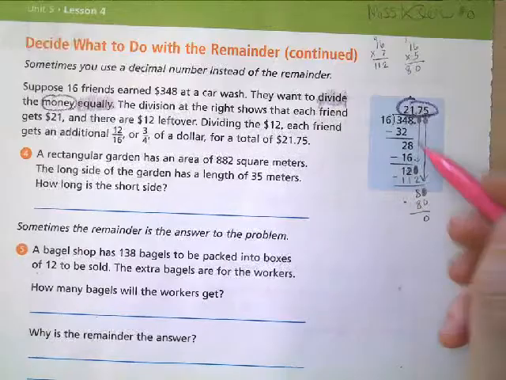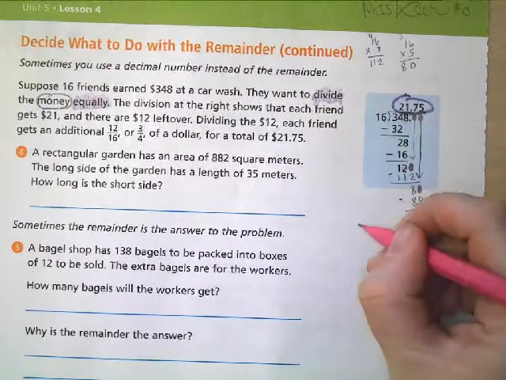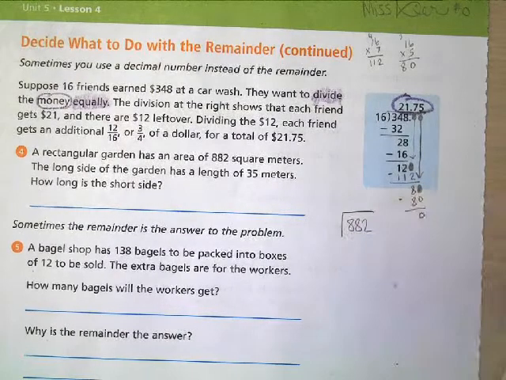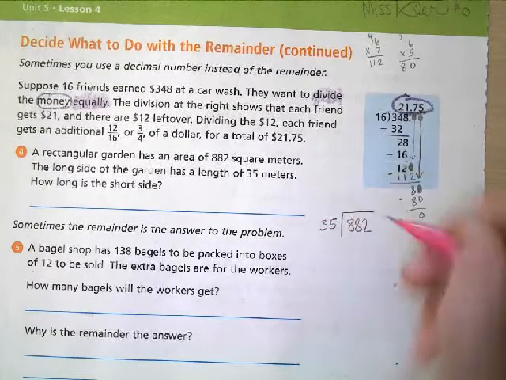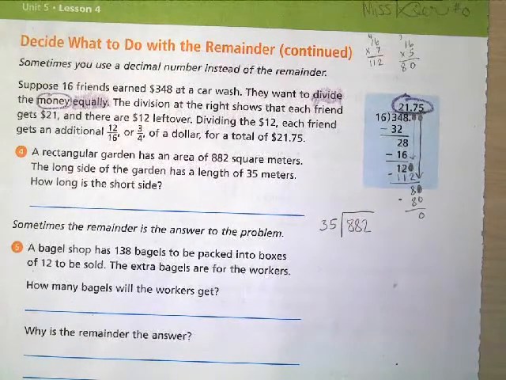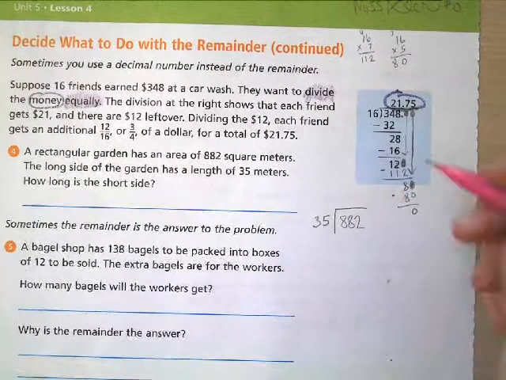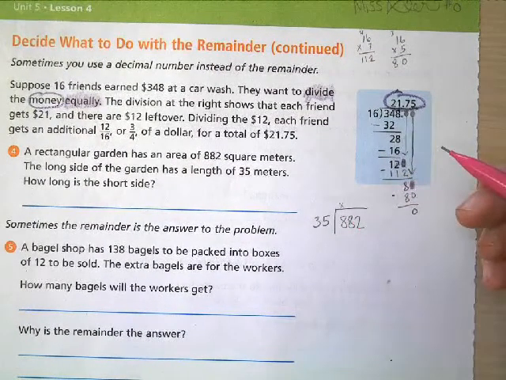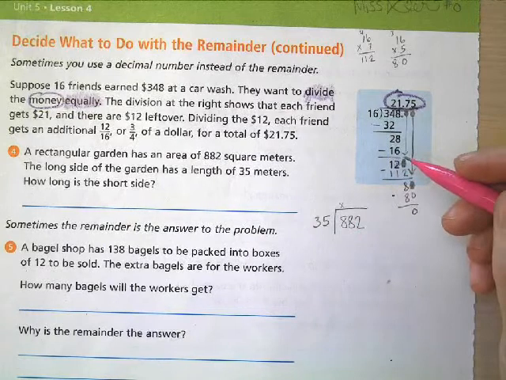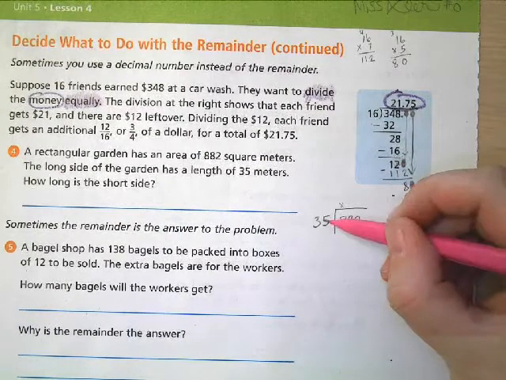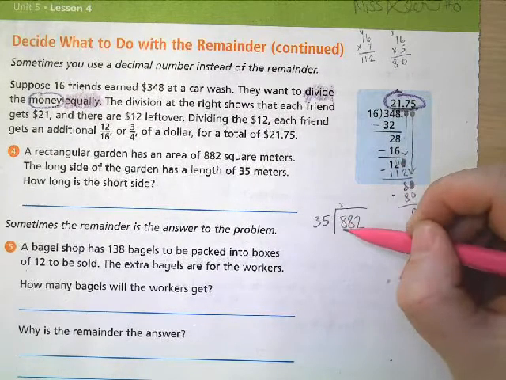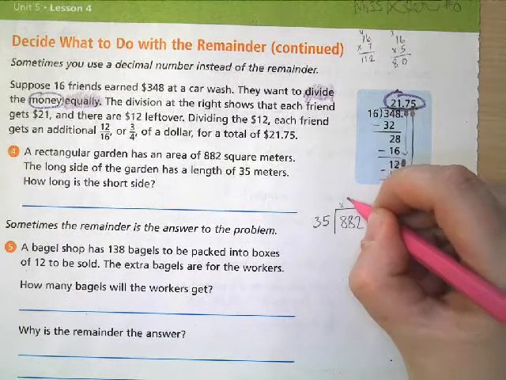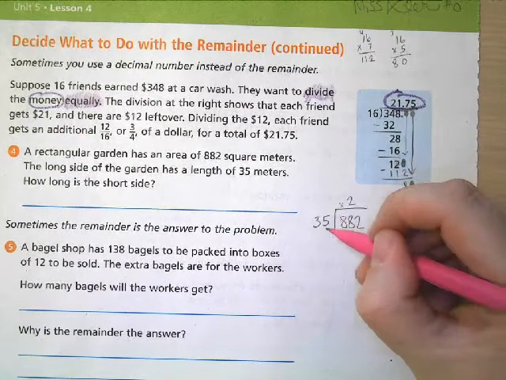And we are. So let's go ahead and set up this problem just like long division over here. Let's do it like this. 882 divided by 35. Here we go. 35 won't go into 8, so I place an X. 35 will go into 88, and it goes in twice because 35 times 2 is 70, and I know I'm not going to get another 35 out of that, so I'm just helping you.